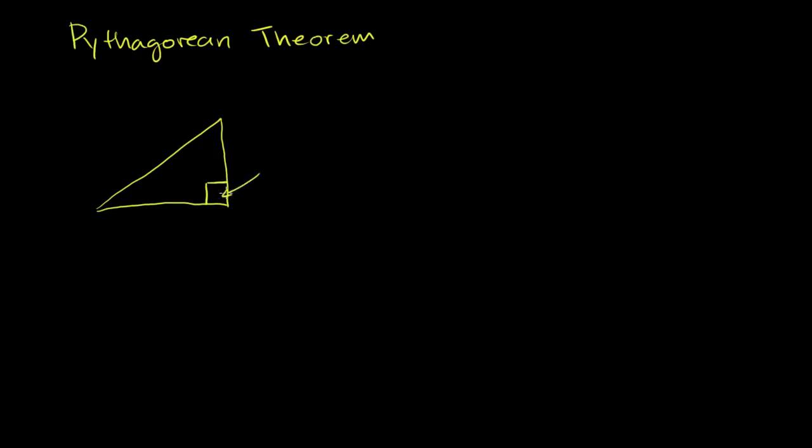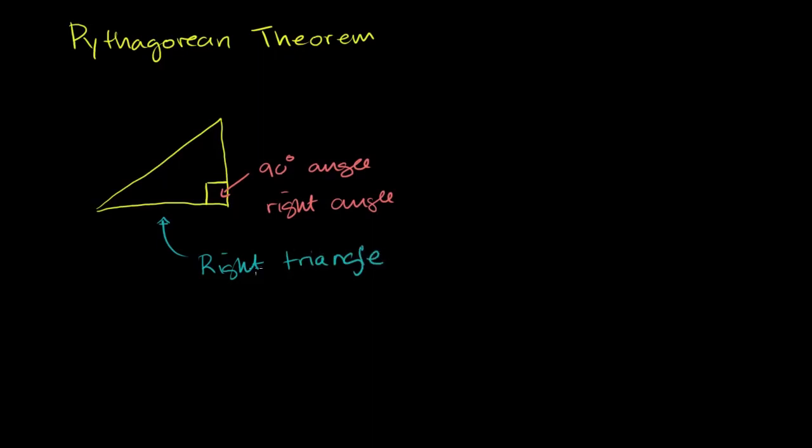That right there is a 90 degree angle, or we could call it a right angle. And a triangle that has a right angle in it is called a right triangle. Now, with the Pythagorean theorem, if we know two sides of a right triangle, we can always figure out the third side.